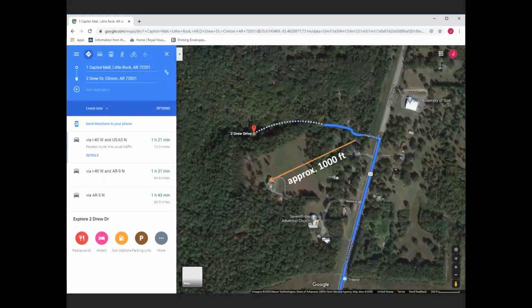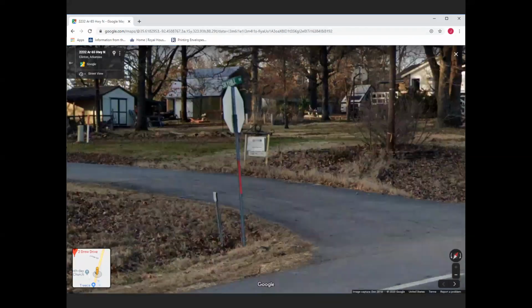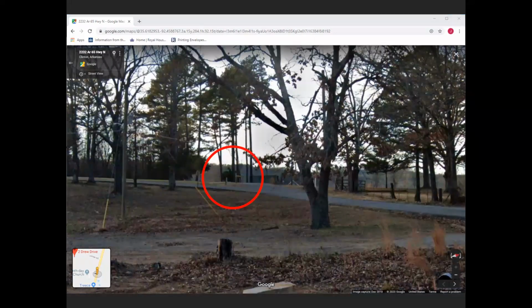So if we go back forward, this is straight out of Google Maps Street View. You can see that Sky Hill Drive is appropriately signed. So no issue there. And then the Street View imagery was not quite good enough here. The car did not drive all the way up that street, but in the red circle there is a green sign, standard issue street sign, and I would just about be willing to bet money that it says Drew Drive on that green sign.